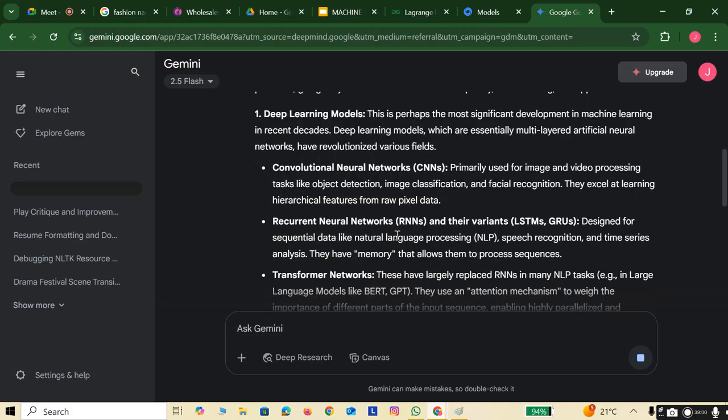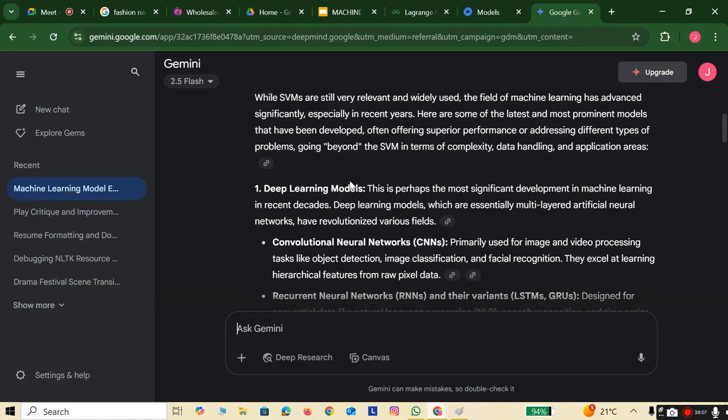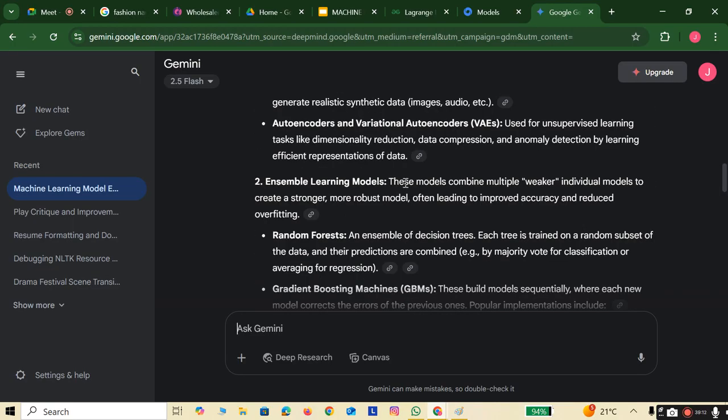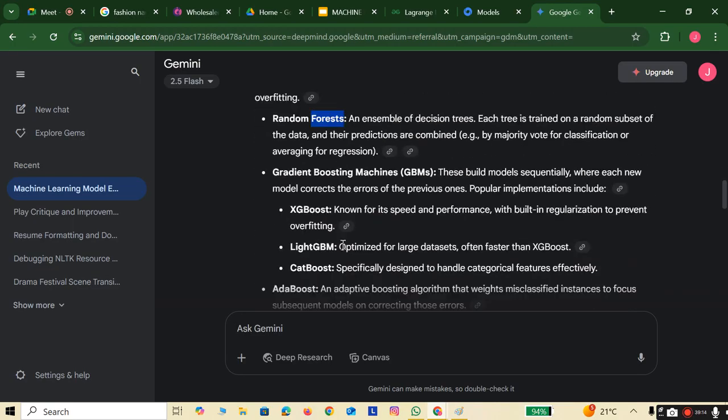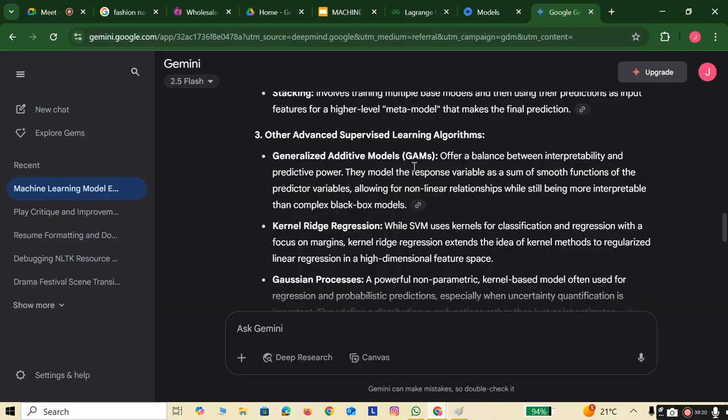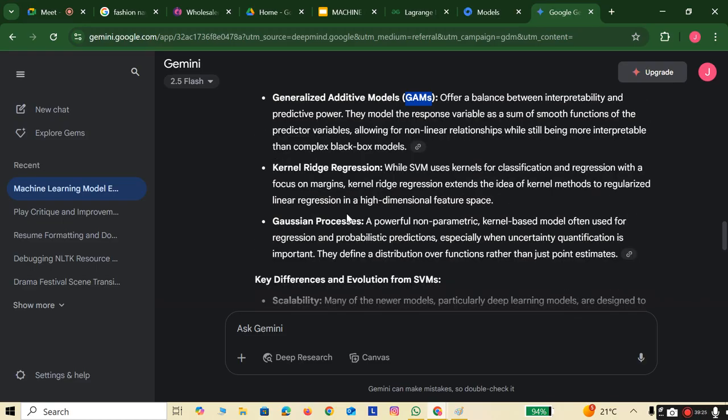The latest are the following: deep learning models, ensemble learning models, the random forests, the gradient boosting machines, AdaBoost, the stacking. The other ones are generalized additive models, GAMs, and kernel ridge regression.